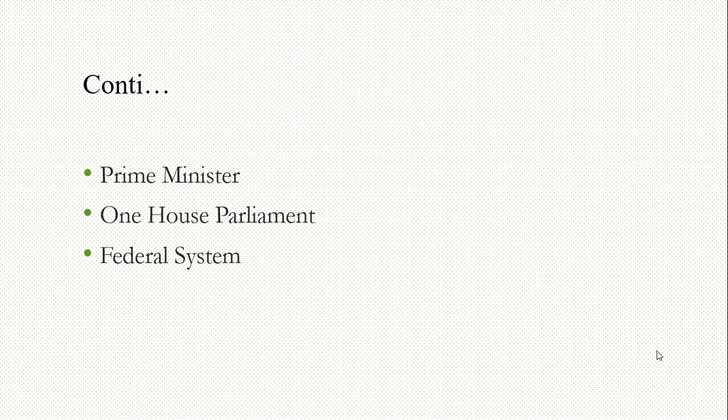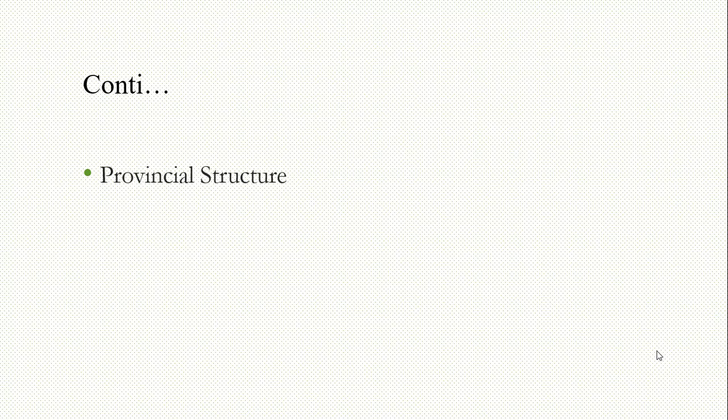The Constitution provided three lists: federal, provincial, and concurrent. So there were two provinces in the Federation of Pakistan according to the 1956 Constitution. Next is provincial structure.